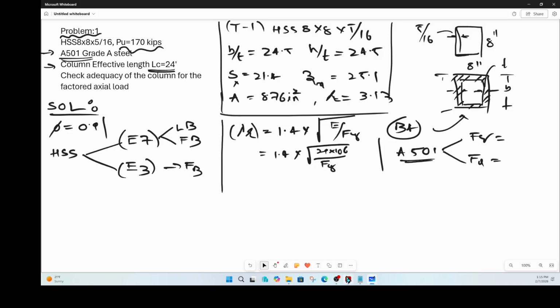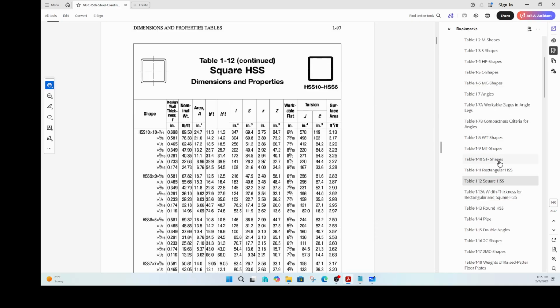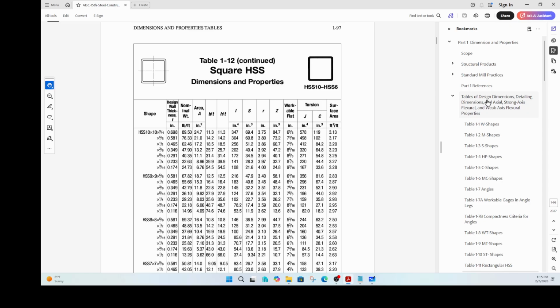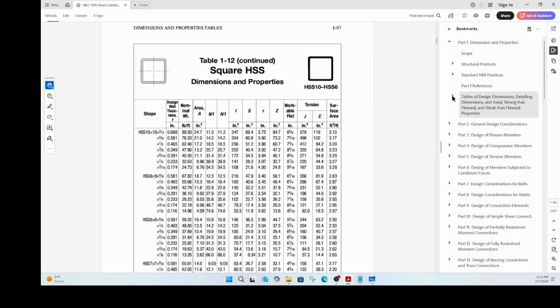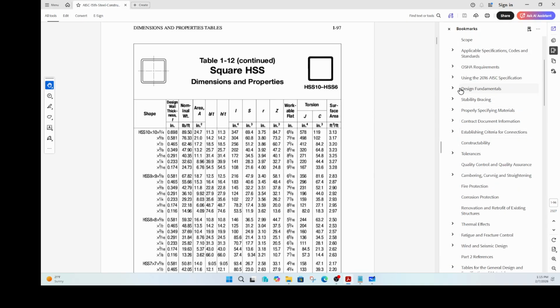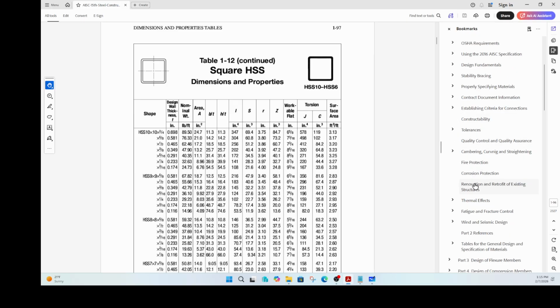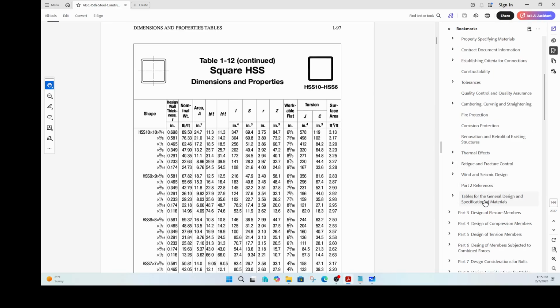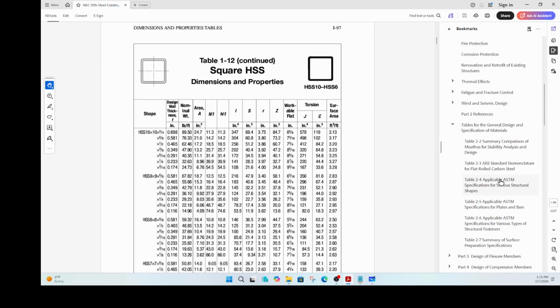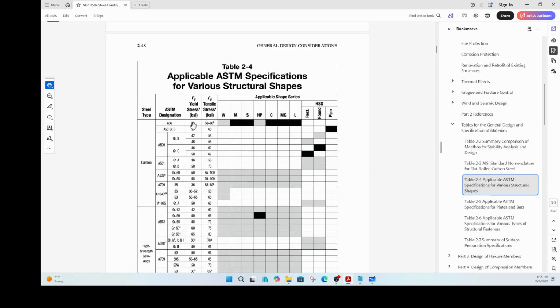Again, you go to the code, and this is usually in a table. Go to the general table, scroll all the way down, and you'll see the ASTM specifications for various structural shapes.